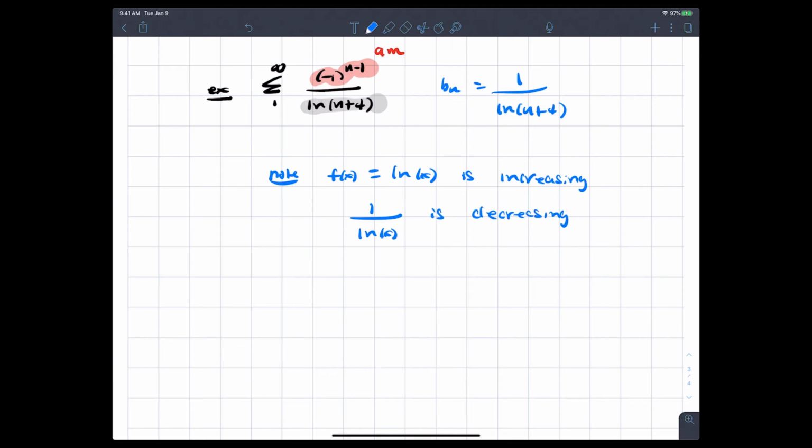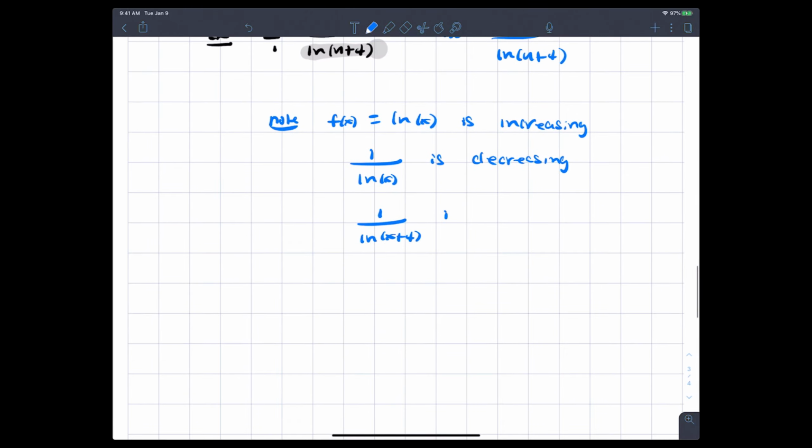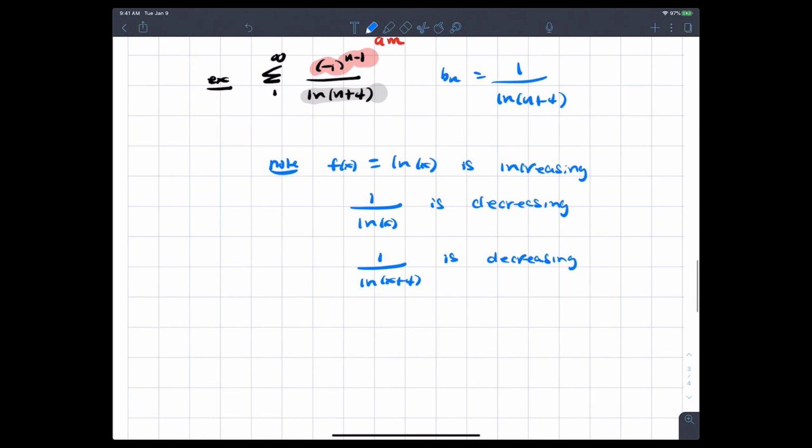And it doesn't matter if I change the argument of the function to be x plus 4. It's the same situation. I have a decreasing function. And that's in terms of x, right? But if I change my domain to be natural numbers, it's still decreasing.